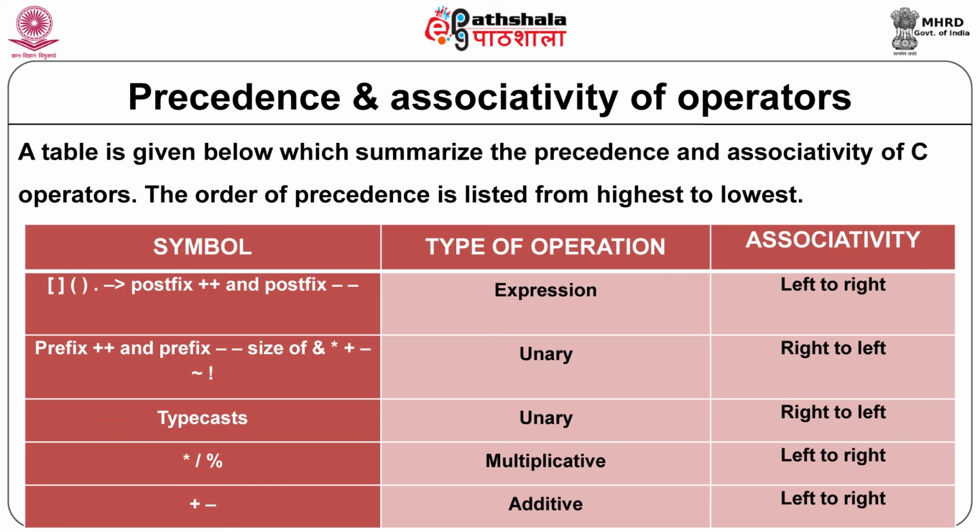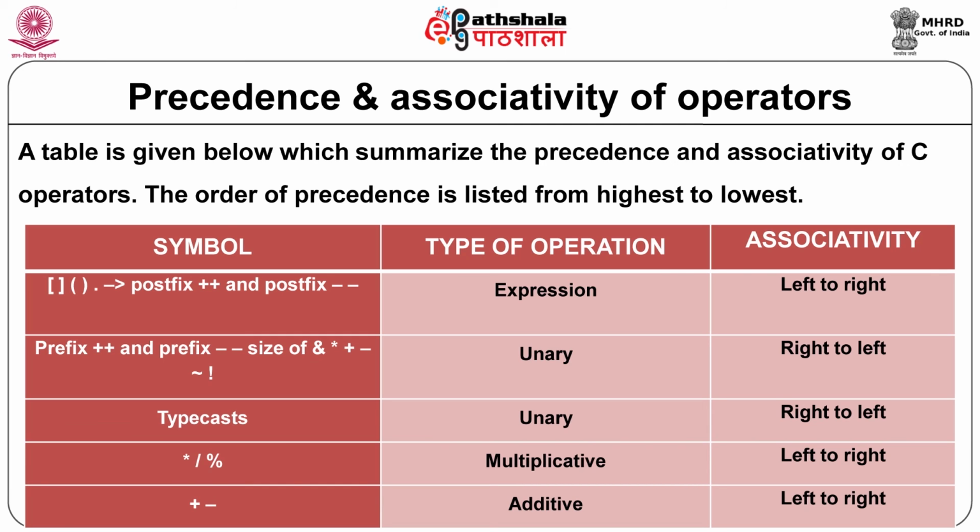For unary, it is right to left. For typecast, right to left, and multiplicative left to right, additive left to right. In additive you will find plus and minus. So, first the plus operator will be executed and then the minus operator.